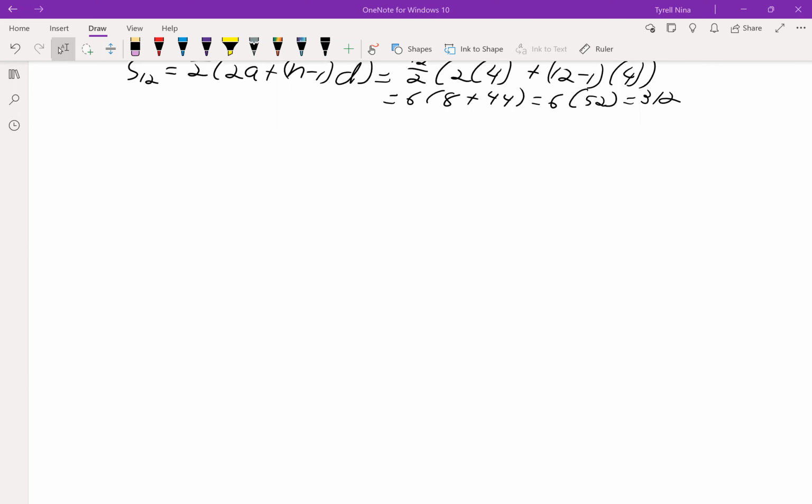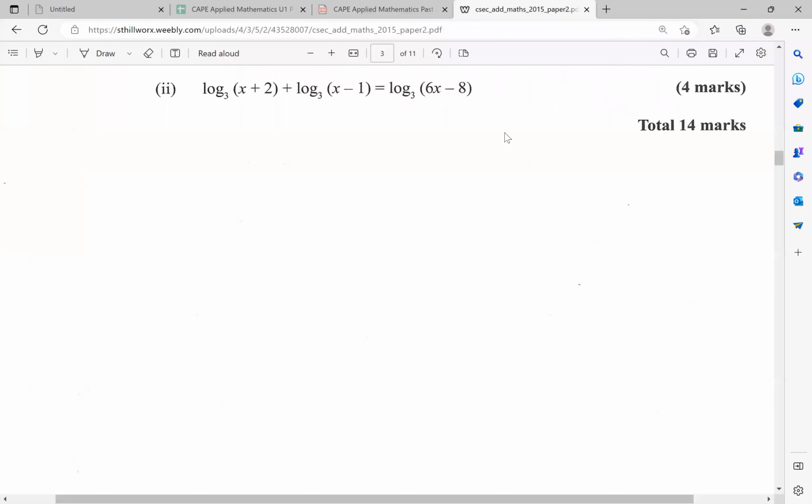There we go. Logs. Let's see how y'all do it. Something like this. Now, this is a very common log question where they give you it and you have to convert it to a quadratic and then you will do it.